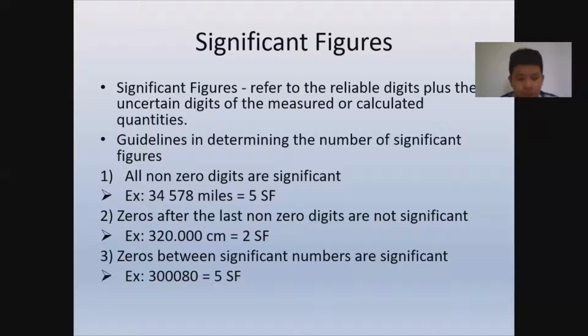For example, 320000 centimeter is equal to 2 significant figures. And the third guideline is zeros between significant numbers are significant. For example, 30080 is equal to 5 significant figures.